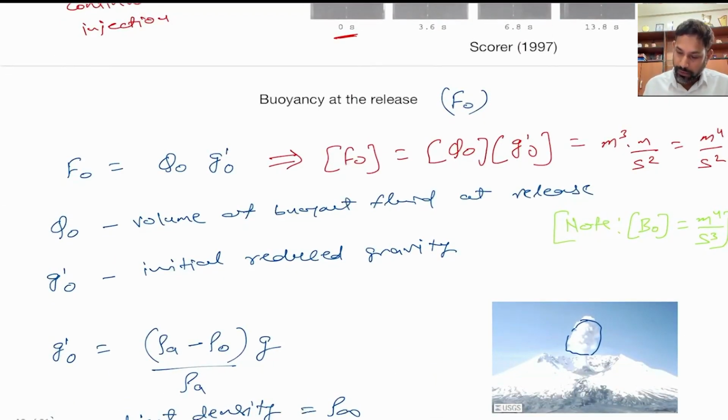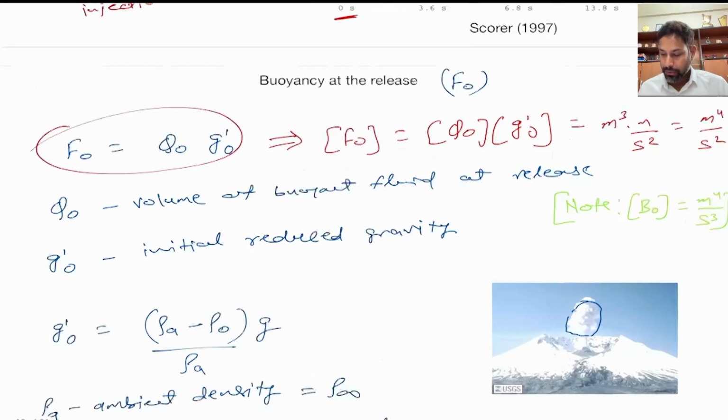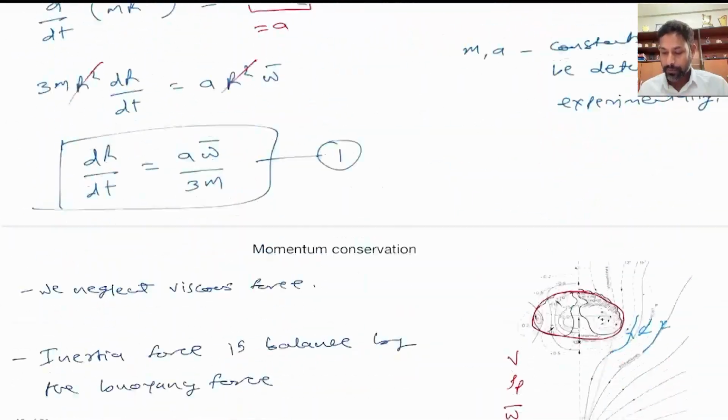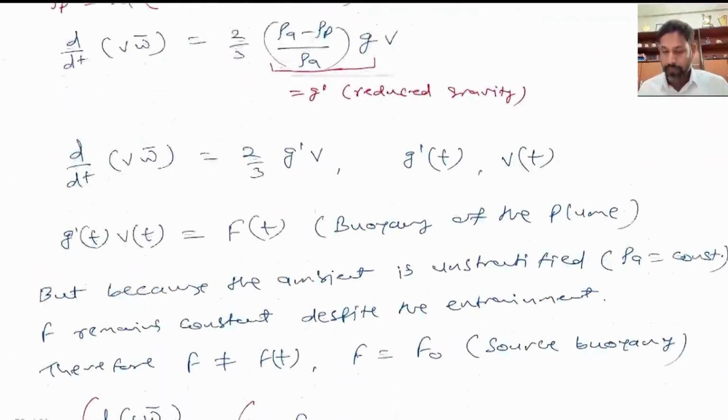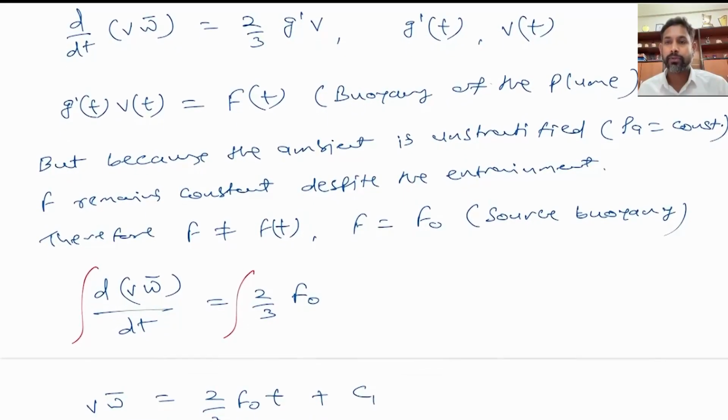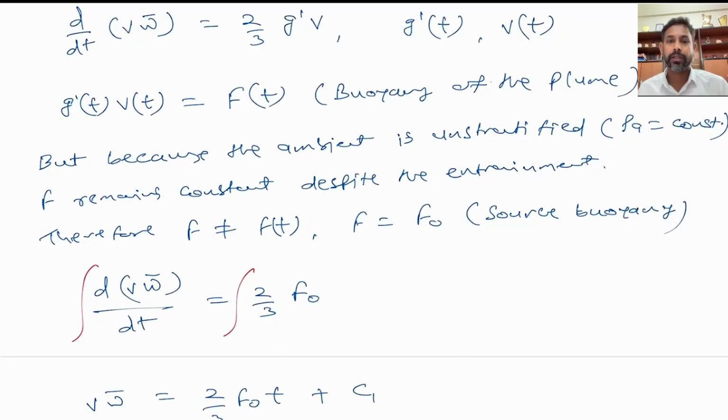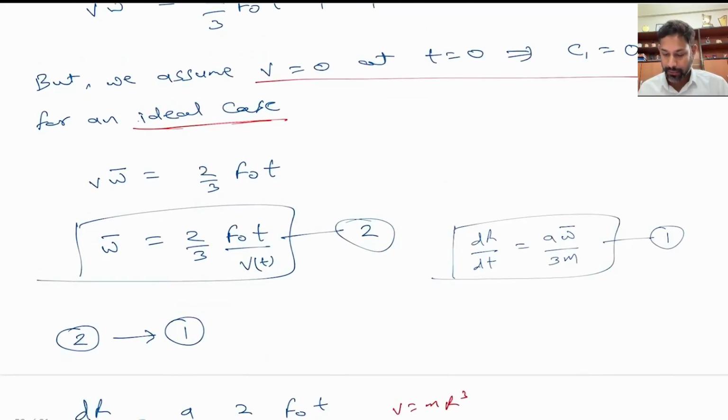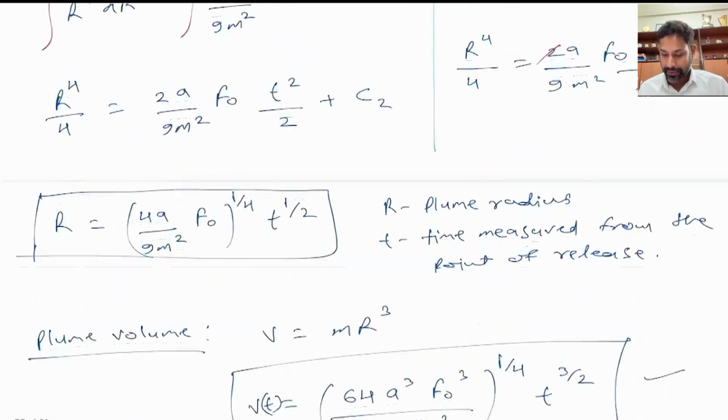So if you are able to find F naught for the given buoyancy, you can predict all other parameters for that plume, like how quickly it will rise, what will be the rate of mixing, what will be the total volume after a certain time, what will be its velocity, etc.